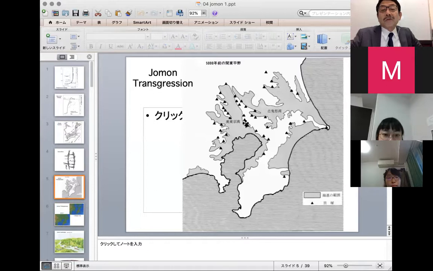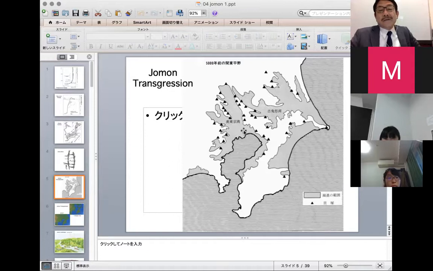These are the major locations of shell mounds, kaizuka. That means it used to be a coastal area. If you connect those shell mound areas, then you will see the original coastline at the time.